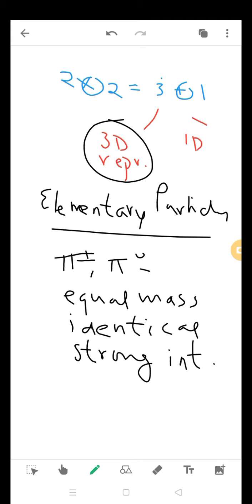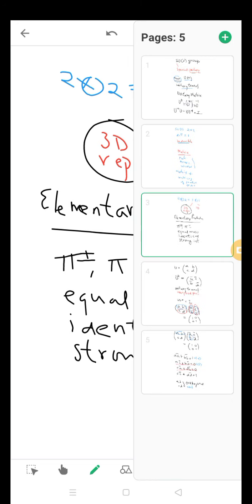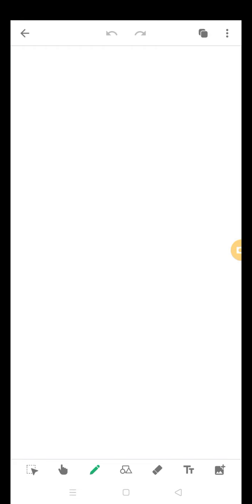Now similar to SU2, we can have another transformation which is called an SU3 transformation. From the name itself you can understand it is a special unitary transformation in a 3 cross 3 matrix, 3 cross 3 vector space.